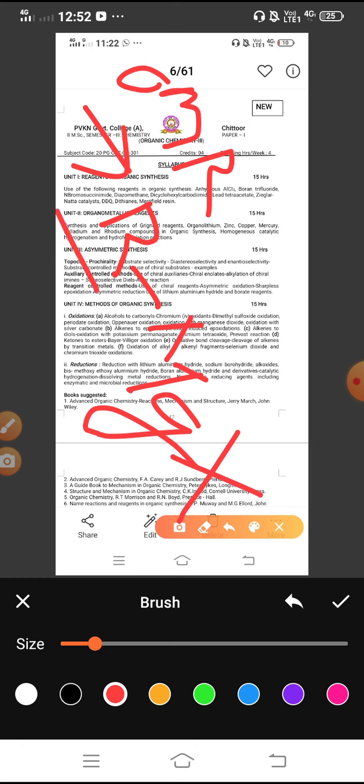R means, for example, methyl. The bond between carbon and metal is called organometal. So here R equals methyl, and here magnesium. The bond between methyl and magnesium.